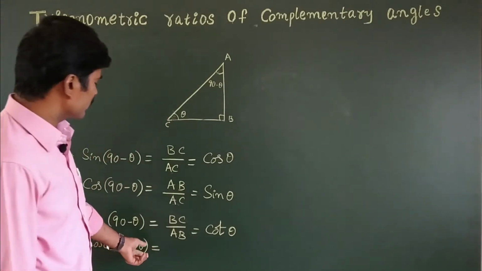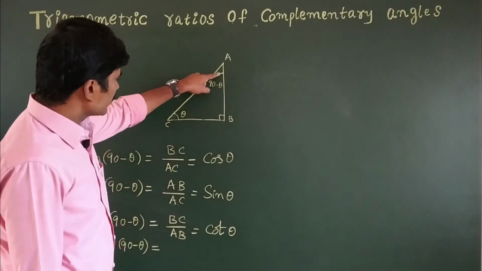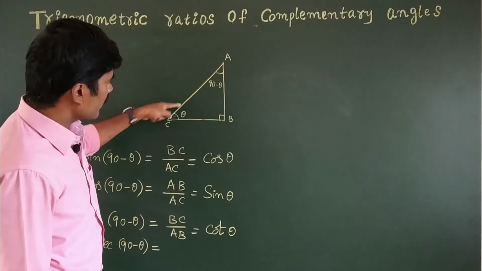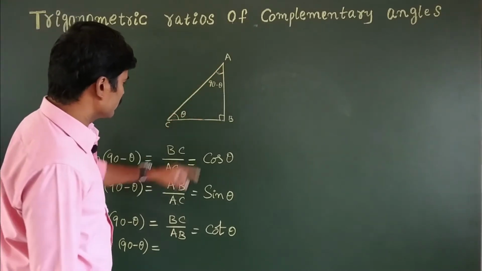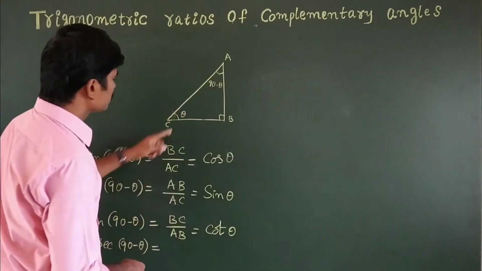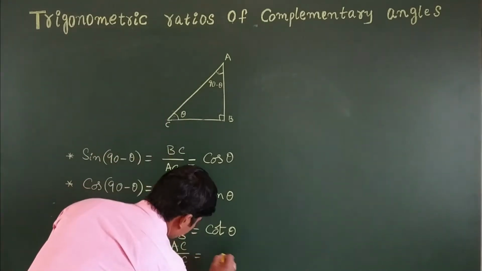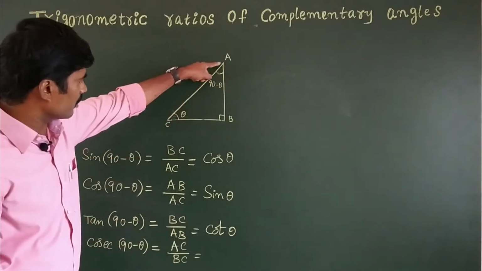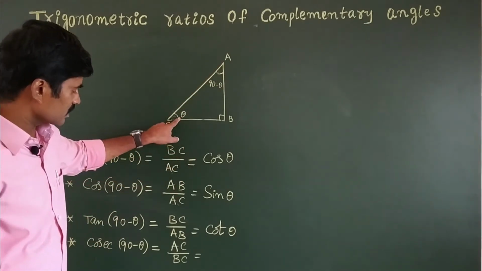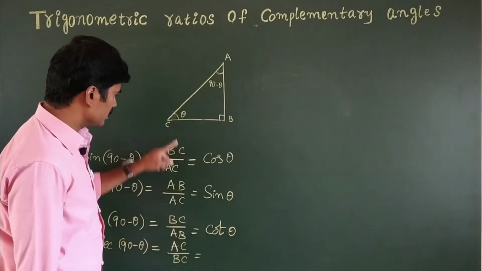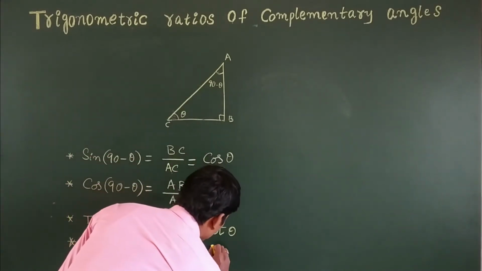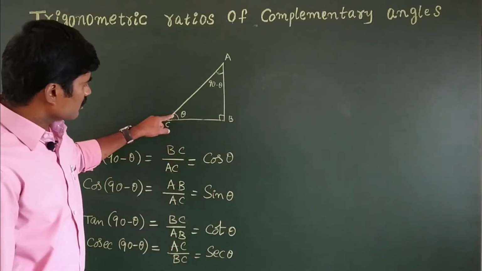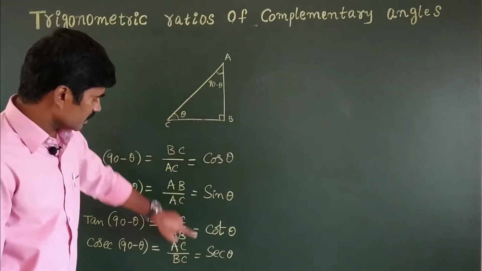Cosecant 90 minus theta means hypotenuse by opposite side, that is AC by BC. Come to theta: AC is the hypotenuse and BC is the adjacent side. So AC by BC is secant theta, since secant theta means hypotenuse by adjacent side.